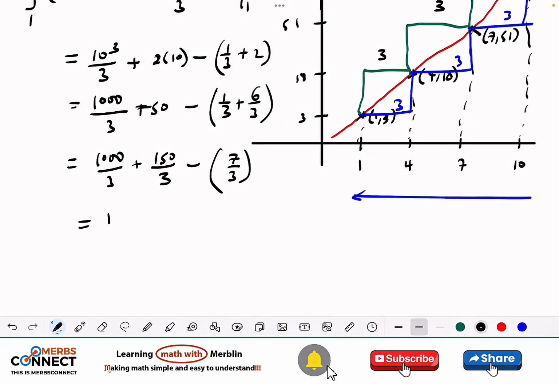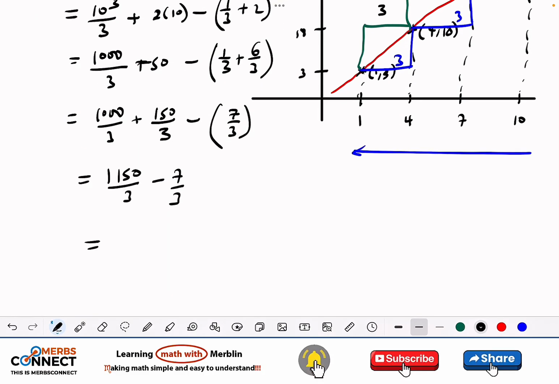And we are going to have 1000 divided by 3 plus 60 divided by 3 minus 7 over 3. So this is going to give us 1053 divided by 3.